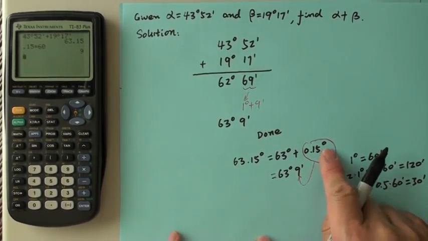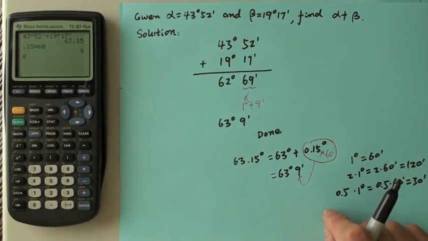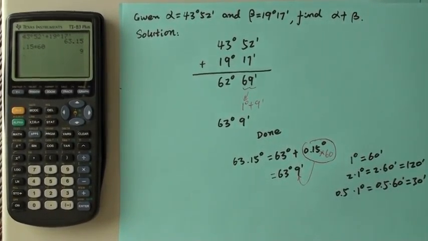So basically it is 63 degrees 9 minutes. Remember, 0.15 degrees times 60 is 9 minutes. So you want to be careful when you use the calculator. Alright, I'll see you next time.